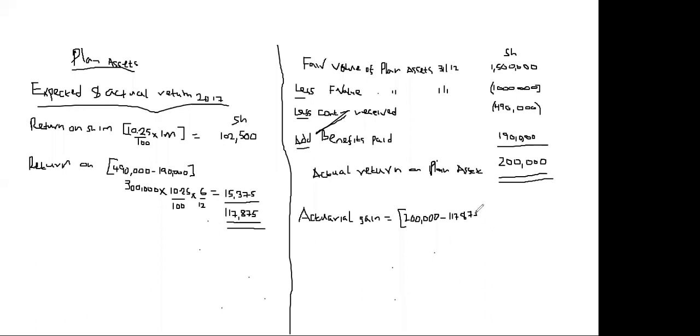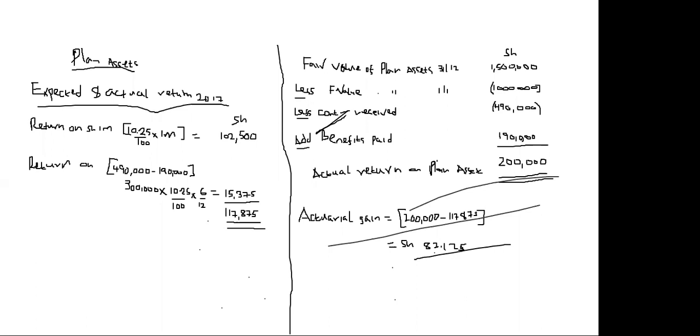Okay. So that is an actuarial gain of 82,125. Any question up to that point?